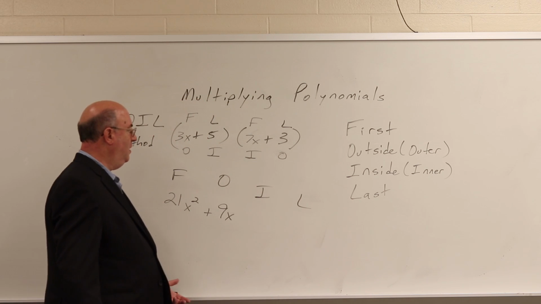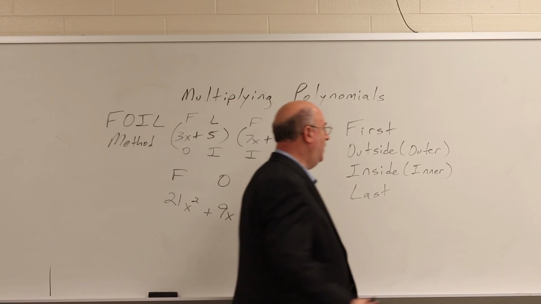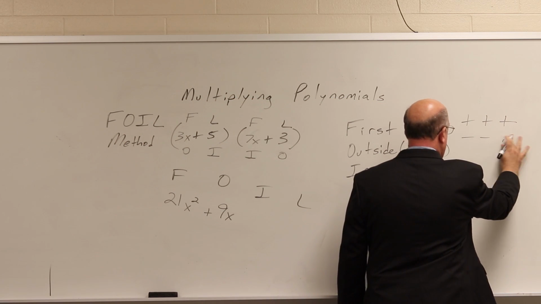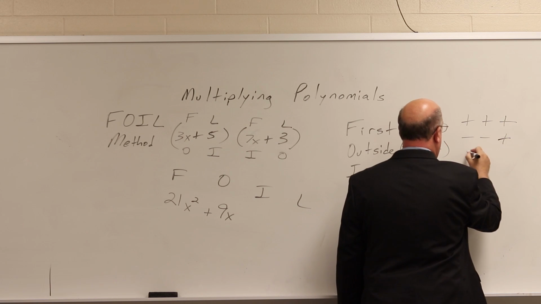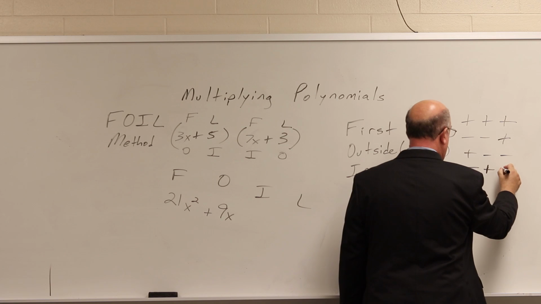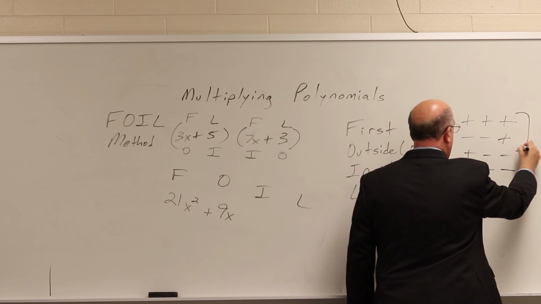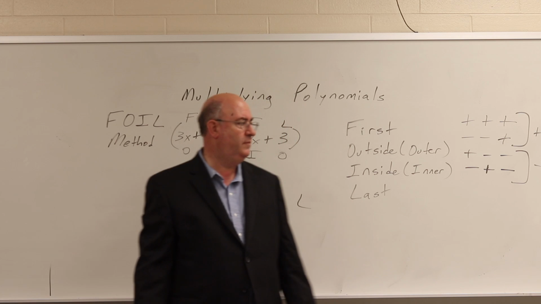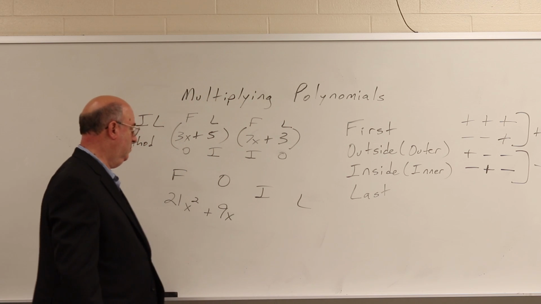If the signs are the same, for multiplying or dividing, you get a positive. If the signs are different, you get a negative for multiplying or dividing two terms.